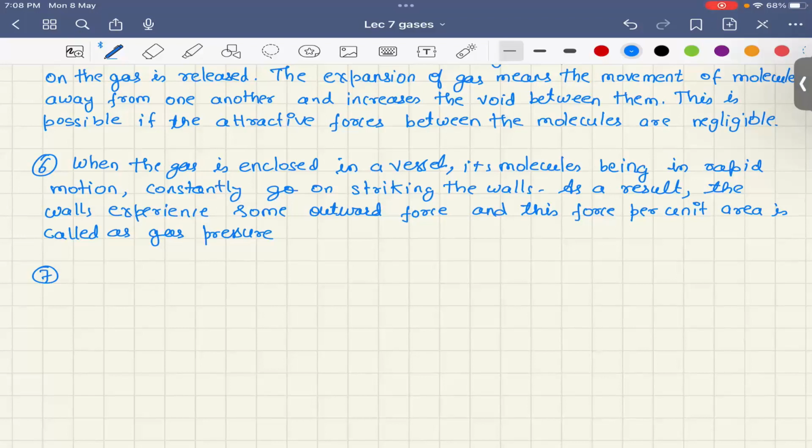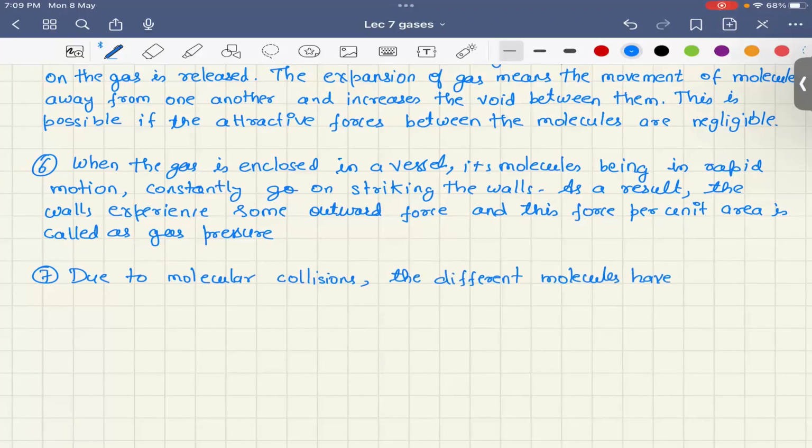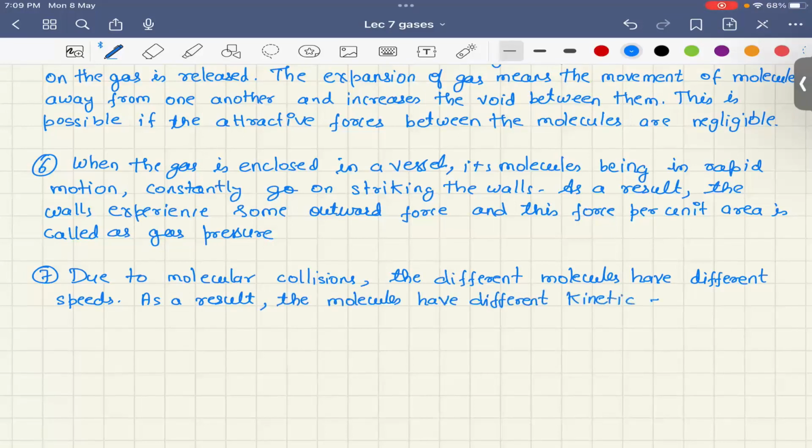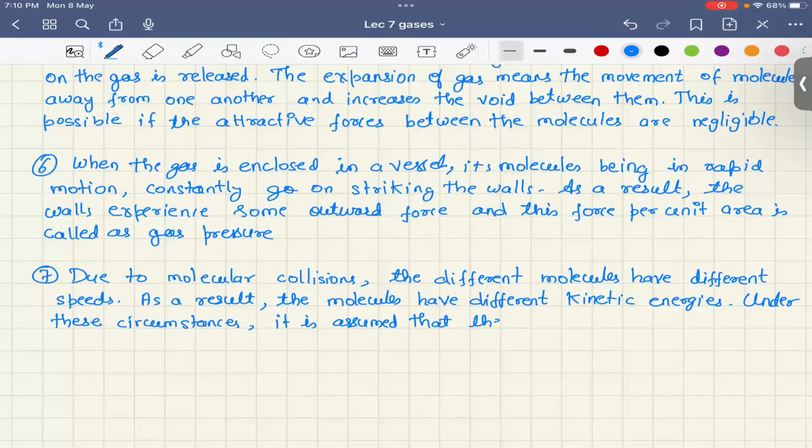Under these circumstances, it is assumed that the average kinetic energy is directly proportional to the absolute temperature.